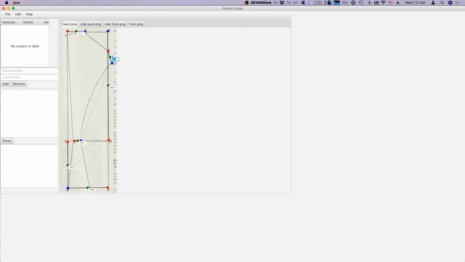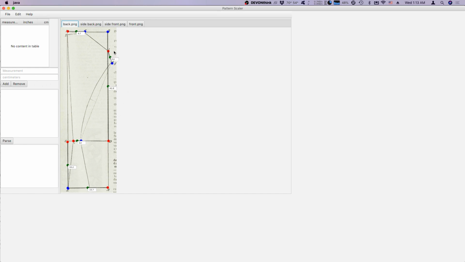Now, watch what happens when I change this to 5 centimeters. Everything changes. Now, this isn't actually placed correctly, but from this I can figure out what the measurements corresponding to this pattern are.